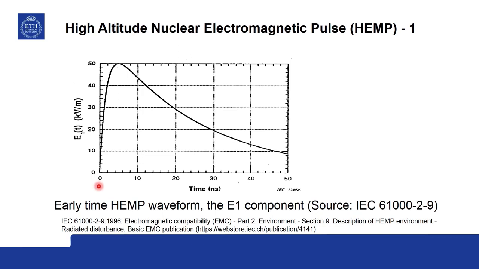For example, in the E1 component of the HEMP waveform, the time scale here is nanoseconds, and here it is in kilovolts per meter. If it is defined that a system should withstand HEMP, then this is the type of waveform that is considered in civilian systems.